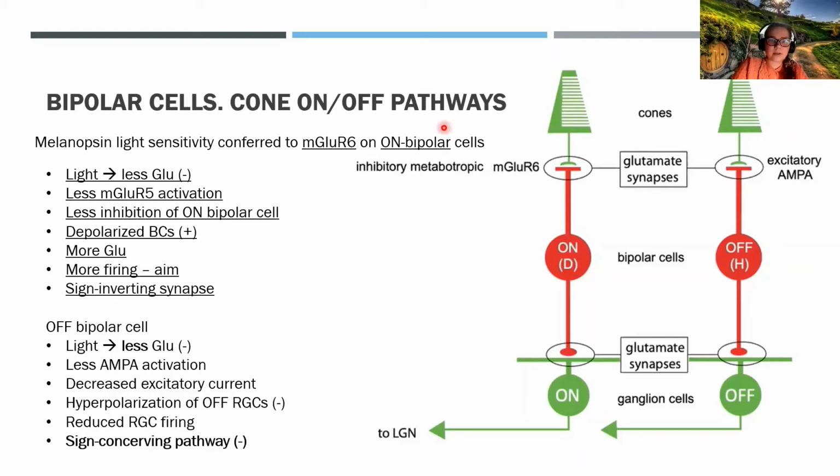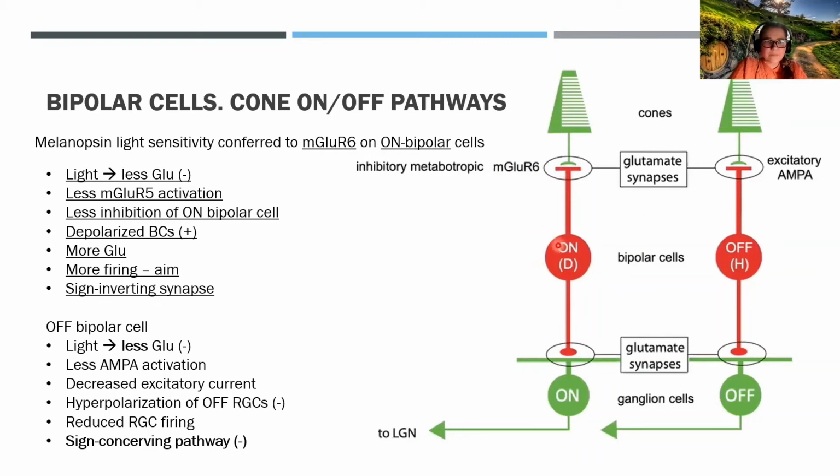Shortly, how on bipolar cells work. After light is shown, less glutamate is released from cones, as I already told you. Then this leads to less activation of the inhibitory metabotropic glutamate receptor, because there is not much ligand, and this leads to less inhibition of the bipolar cell.